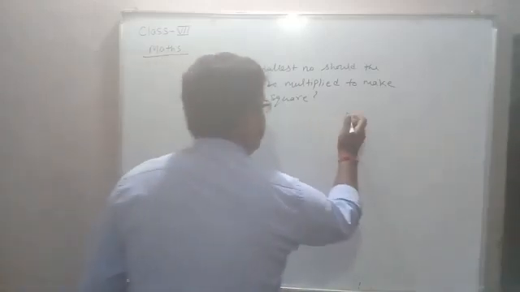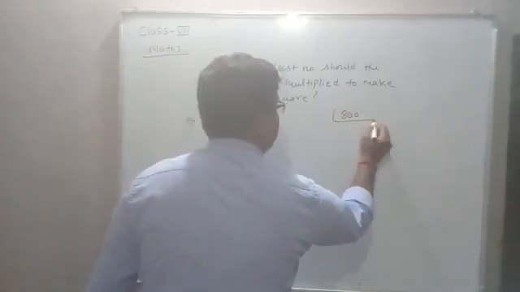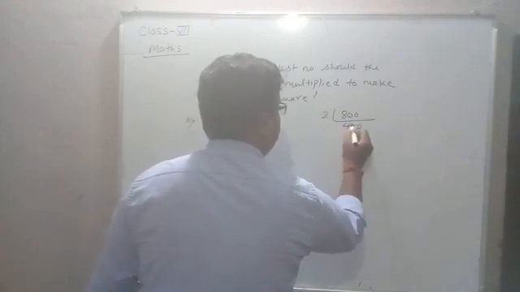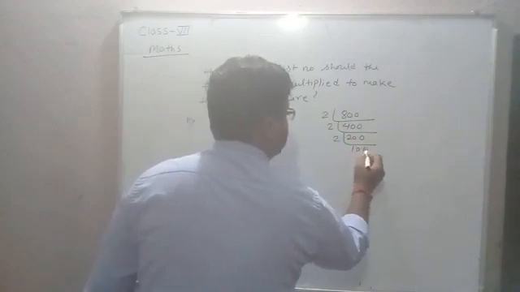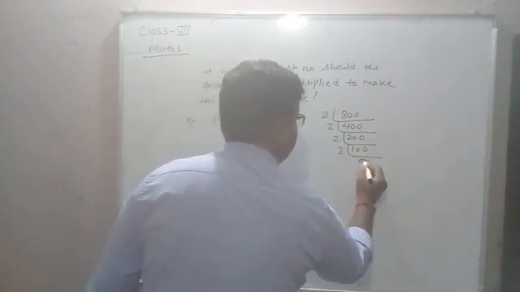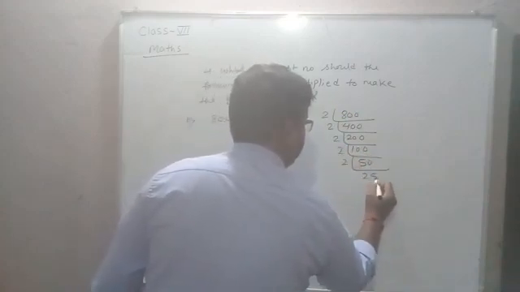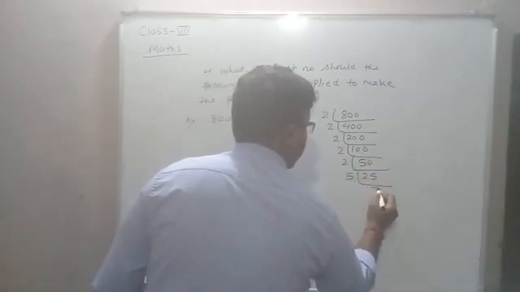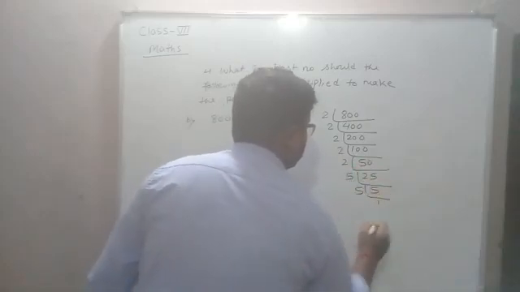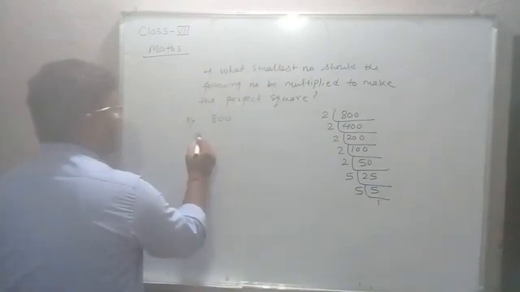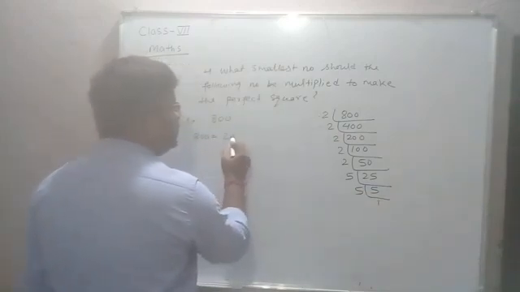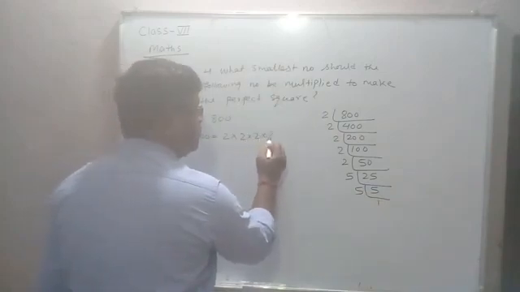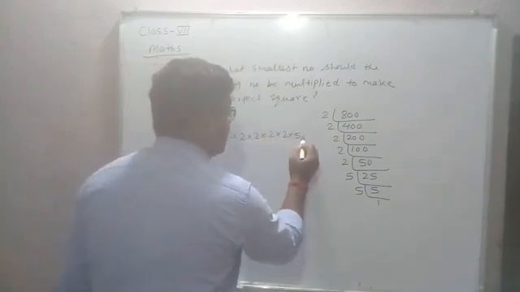Again we need to find the factors of 800. 2 400s are 800, 2 200s are 400, 2 100s ... 5 5s are 25, 5 1s are 5. So 800 is equal to 2 into 2 into 2 into 2 into 2 into 5 into 5.